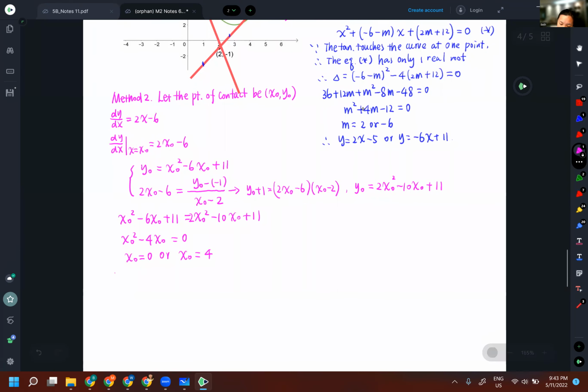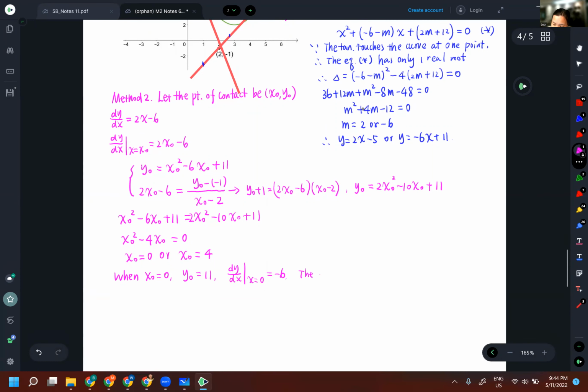And then when x0 equals 0, y0 equals 11, dy/dx at x equals 0 equals negative 6.